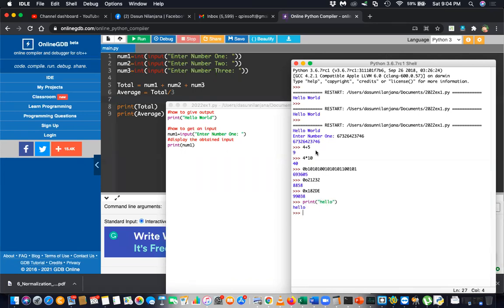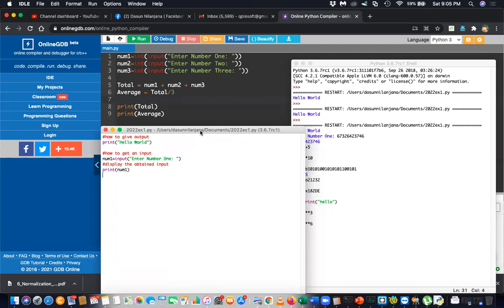If you ask what is 2 to the power 3, shell will tell it's 8. 2 to the power 6, shell will tell it's 64, right? Okay, that's how shell presents the answers. Okay, got it? Right. So let's do more.